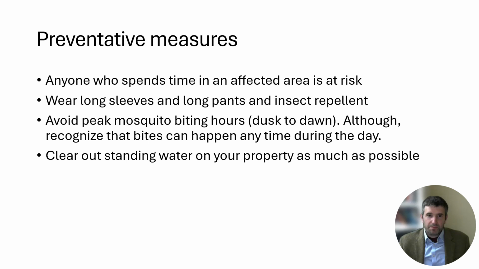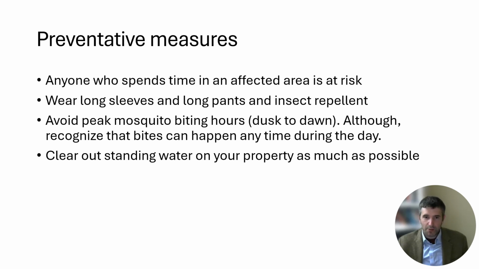So how to prevent contracting triple E virus? Anyone who spends time in an infected area is at risk. So it's important to do as much as you can to decrease your risk, but you're not going to get down to zero risk if you're in areas where there are mosquitoes harboring this virus. Things you can do to decrease your risk: you can wear long sleeves and long pants.